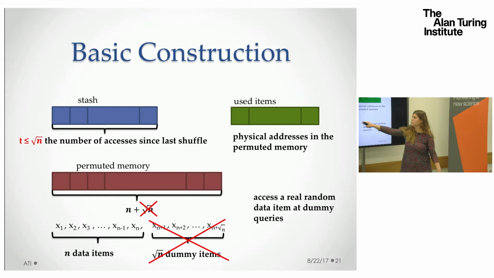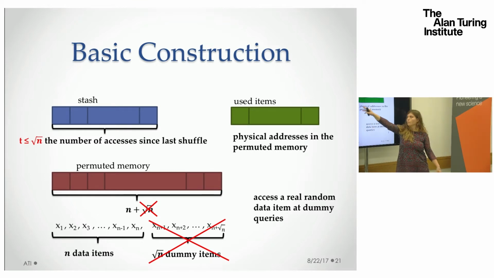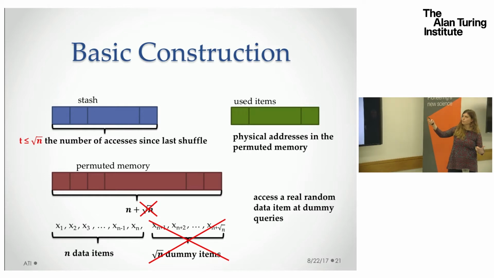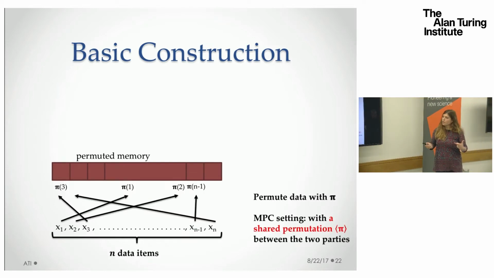For example, I see that I took the last item from the permuted memory, and I am moving it to the stash, so I just will store the last location in this used items array. And it will become apparent why it will be useful for us to keep this information later.